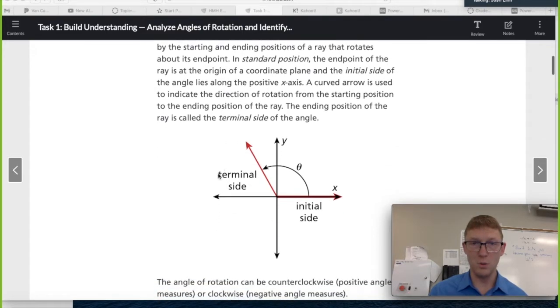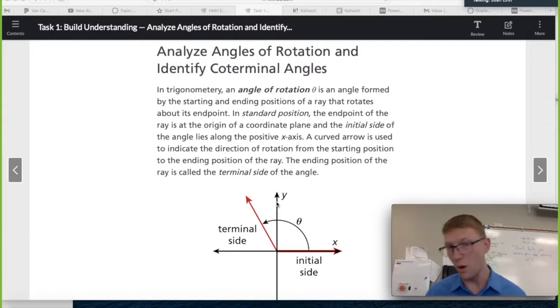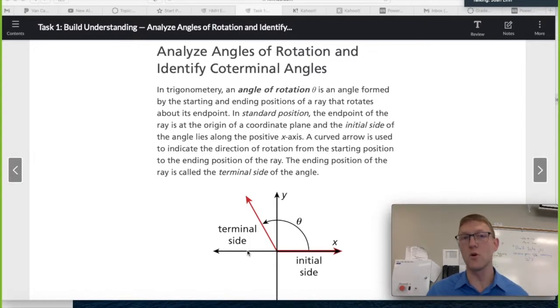First, what we're looking at down here is an example of a unit circle, kind of. A unit circle is a circle with radius 1 that we can use to talk about all of these different angles. That's going to be coming back over and over again. Whenever we say unit circle, that's what we're talking about, a circle with the radius of 1 unit.